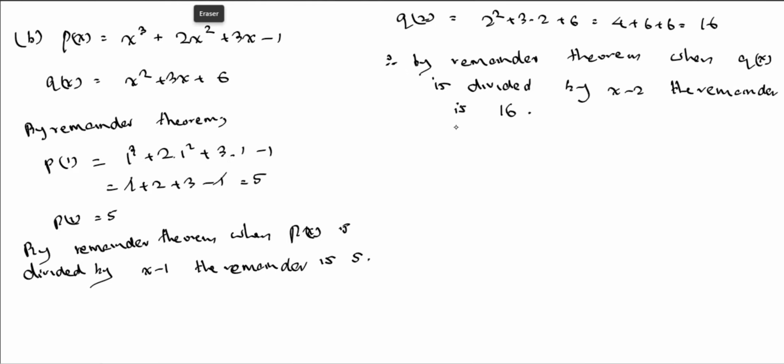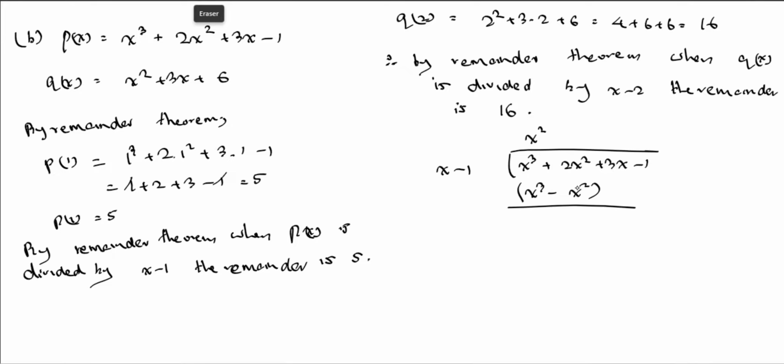The next part of the question they are asking, verify that p(x) equals (x minus 1) q(x) plus 5. So we'll do the long division. If you consider p(x) and divide it by x minus 1, here you have x to the power 2, so x squared times (x minus 1) is x to the power 3 minus x squared. Then 2 plus 1 is 3x squared plus 3x minus 1. Then 3x times (x minus 1) is 3x squared minus 3x, and you will have 6x minus 1. Then plus 6, 6x minus 6.